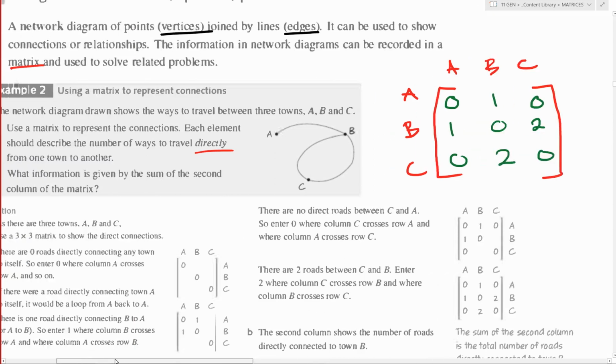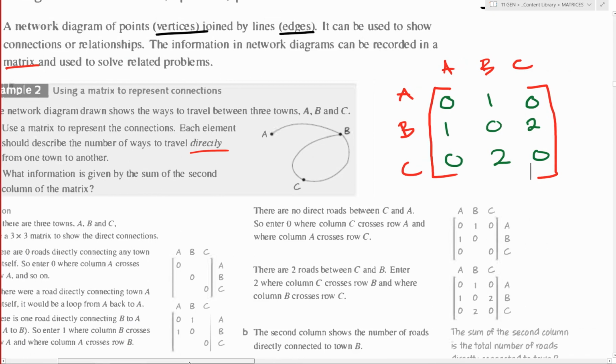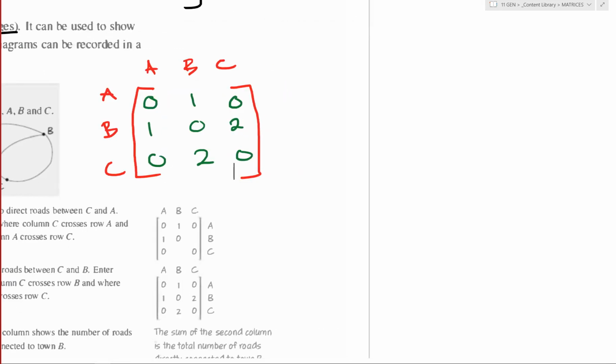The second part asks what information is given by the sum of the second column. If you look at the second column here, remember these are rows and these are columns, so we're looking at this column here. What information is given to us in the second column?